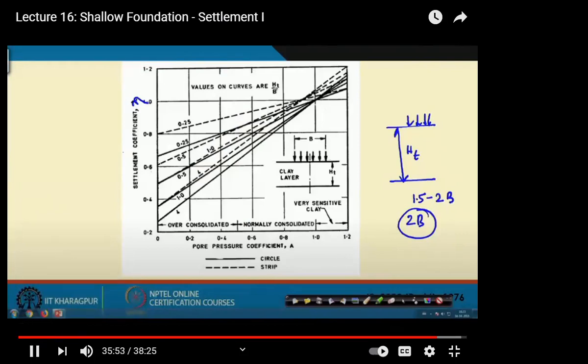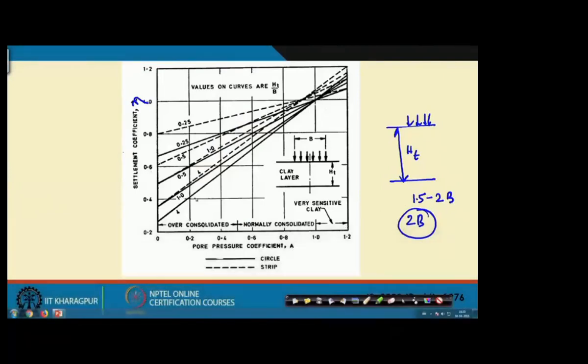If you know the H t by B values, and if you know the A, then from here we can read the different H t by B values. We have the normally consolidated range, the over consolidated range, and the very sensitive case.